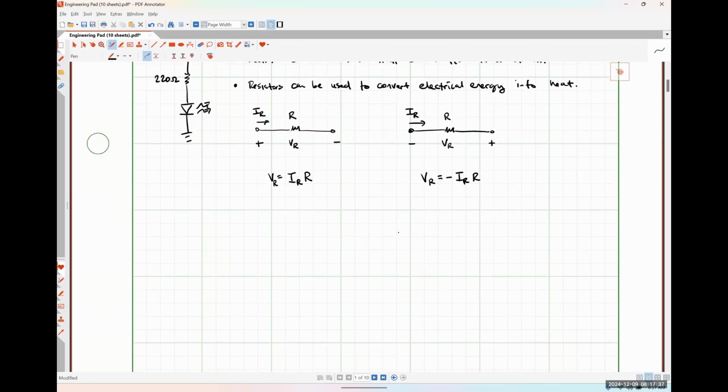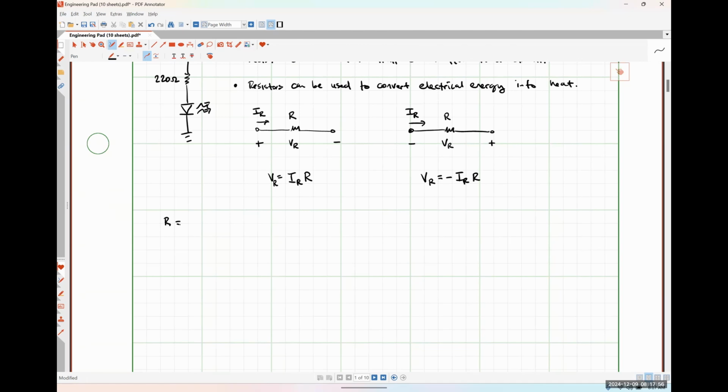So resistance R, and I believe that you guys have been shown this equation before in Engineering 121. I don't know for sure because the Engineering 121 class has changed significantly since the last time I taught it, but way back in the day when I taught it, this was covered.